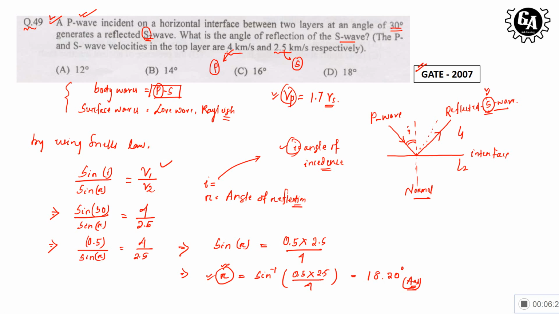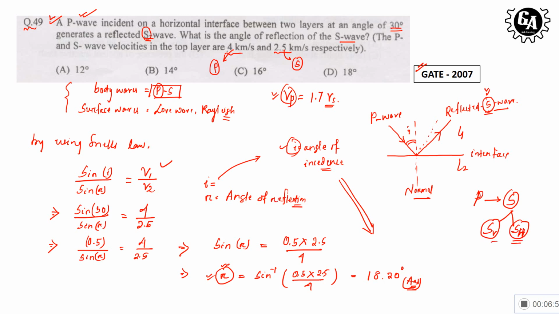Apart from these things, I want to put forward some more information: this P wave can be converted to S wave, and there are also various types of S wave like SV and SH. SV is the vertical component, and SH is the horizontal component.